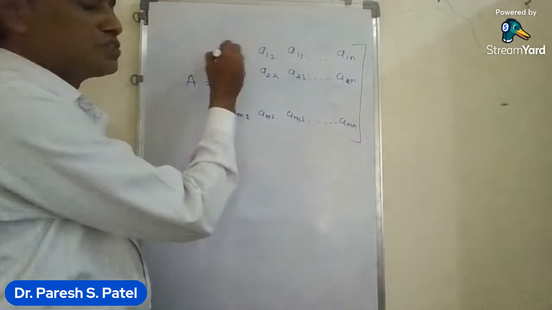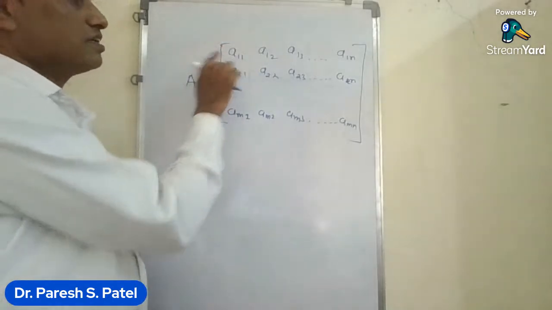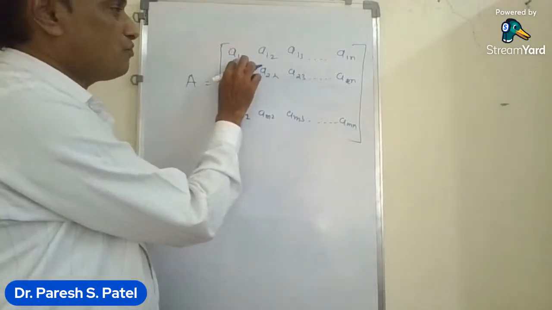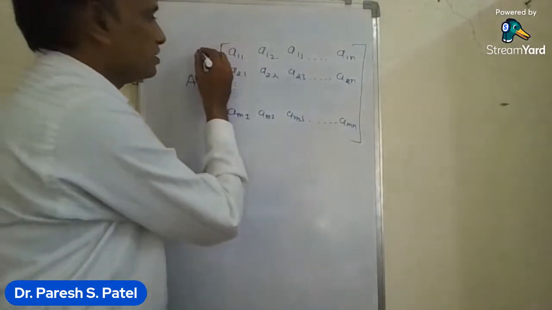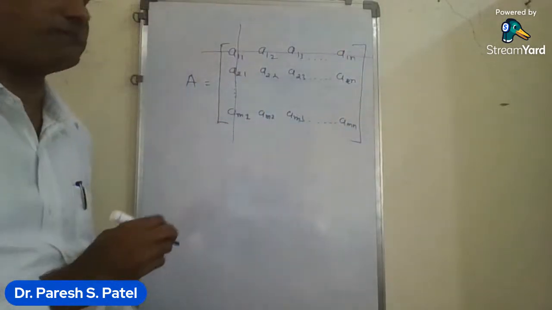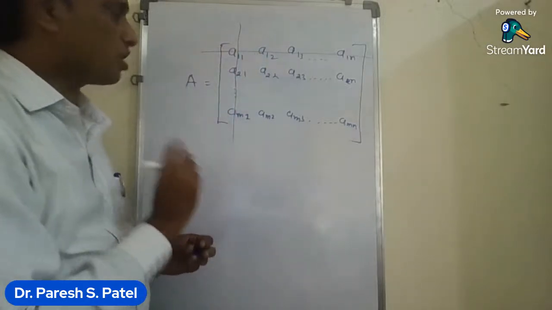This is the first element of the matrix, represented as A11. It means the first element of the first row and first column. This can be represented as a row and this as a column. So this is the element of the first row and first column.